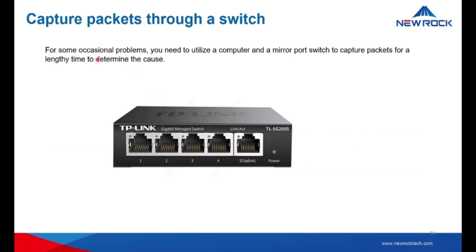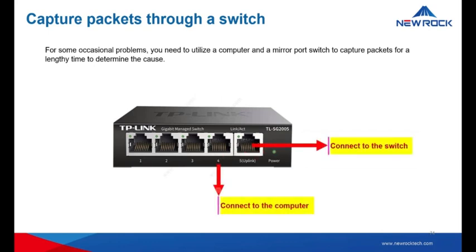For some occasional problems, you need to utilize a computer and a mirror port switch. Simply connect this one to the switch, then connect this to the computer, then select any of these ports and connect to the device.